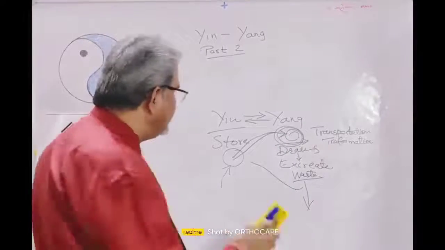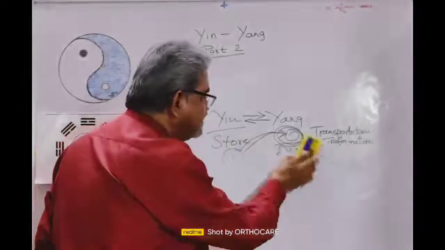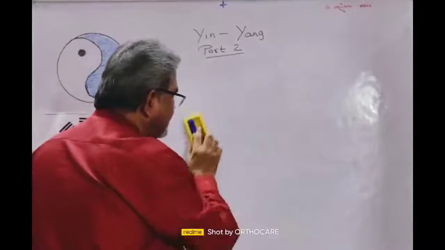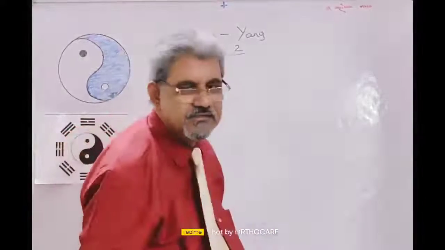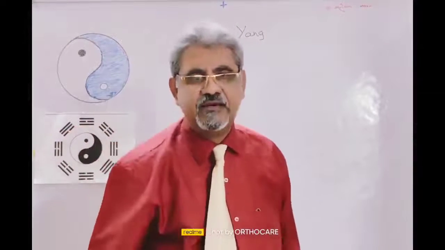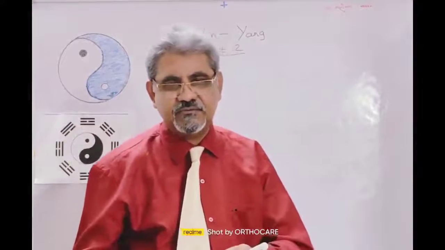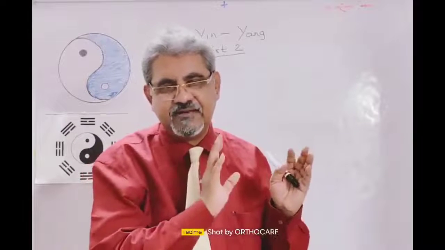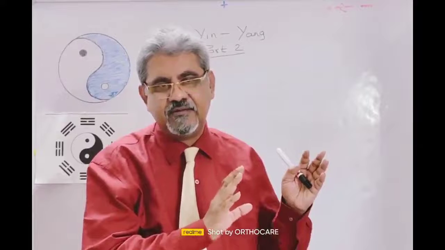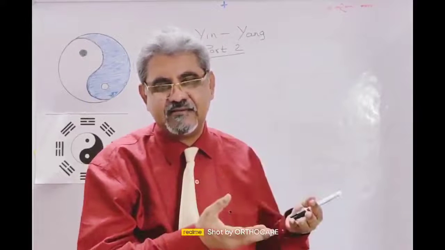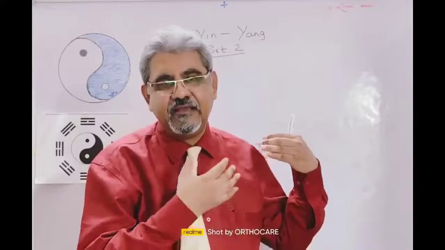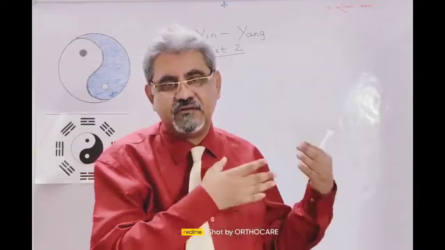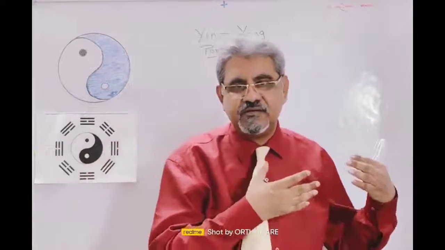So each depends on each other. If yin has energy which is stored and it is not passed out to other places, then the energy will remain there, and when the energy becomes excess, there can be an excess of yin, also known as preponderance.